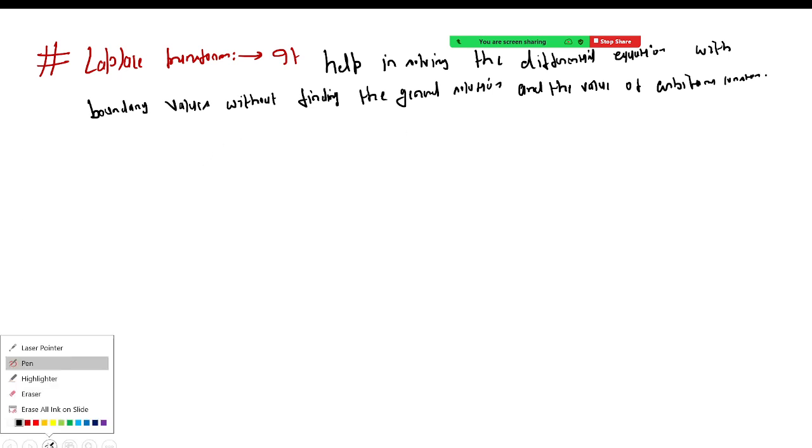So it's a very important concept in mathematics that provides us flexibility.